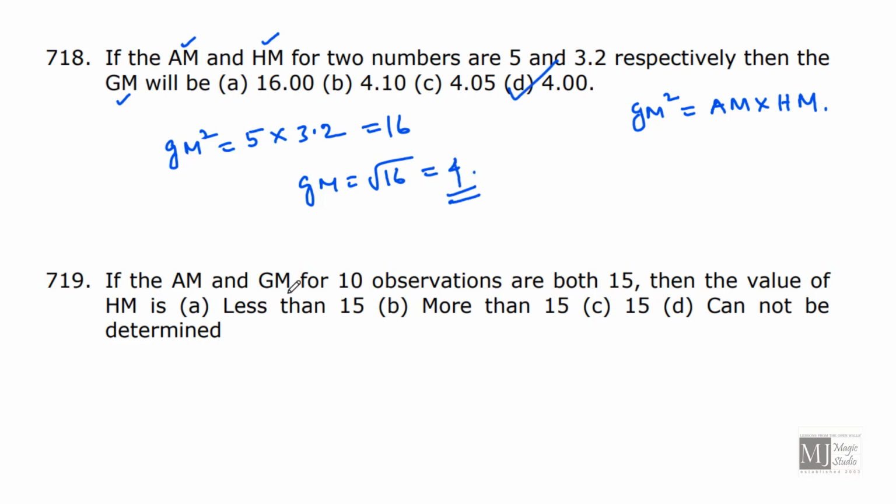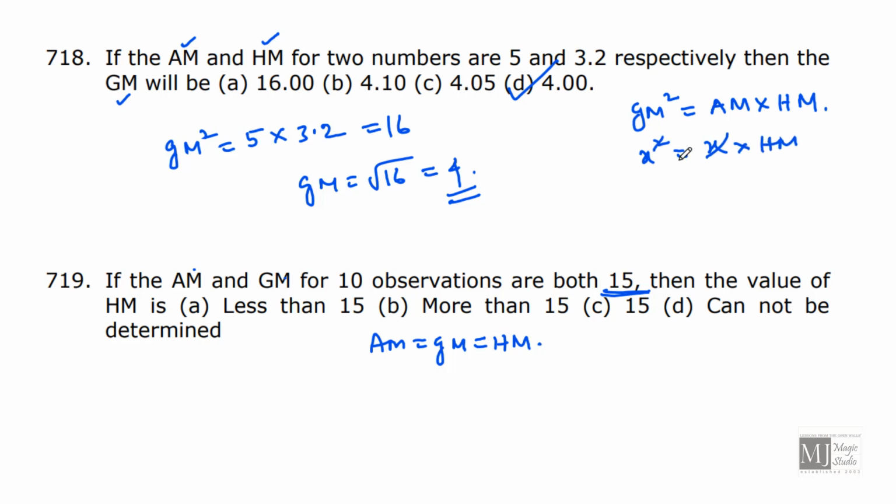If the AM and GM of 10 observations are both 15, that means AM and GM both are 15, it is quite evident that when AM is equal to GM, then AM will be equal to GM will be equal to HM. Or we can also prove it with the help of the formula which we have used. If AM and GM are equal, that means x square is x into HM.